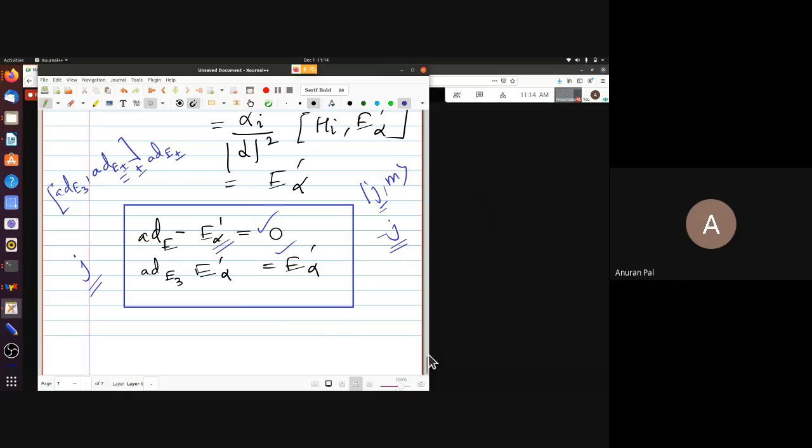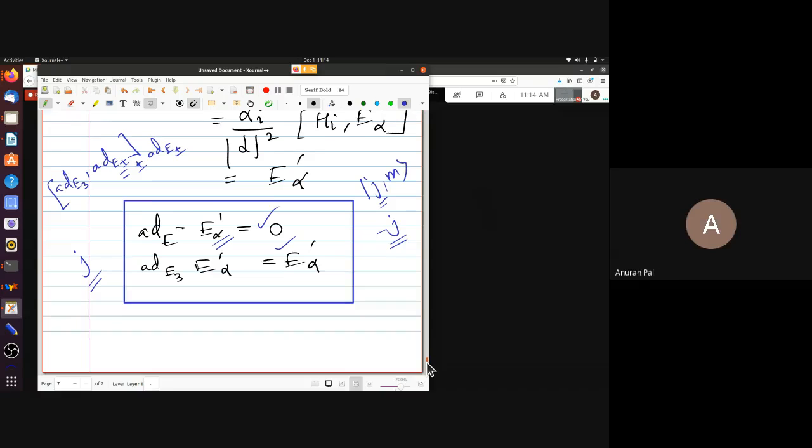So basically, add E minus on E alpha prime. Why are you saying that that does not make you flinch? Because it's just a lowering operator, right? All you are saying is E alpha prime is an eigenvector of the lowering operator with eigenvalue 0, and the lowest weight state has eigenvalue 0.